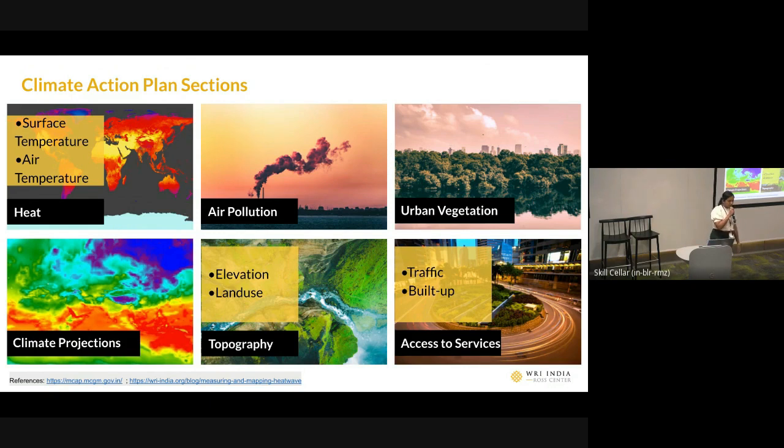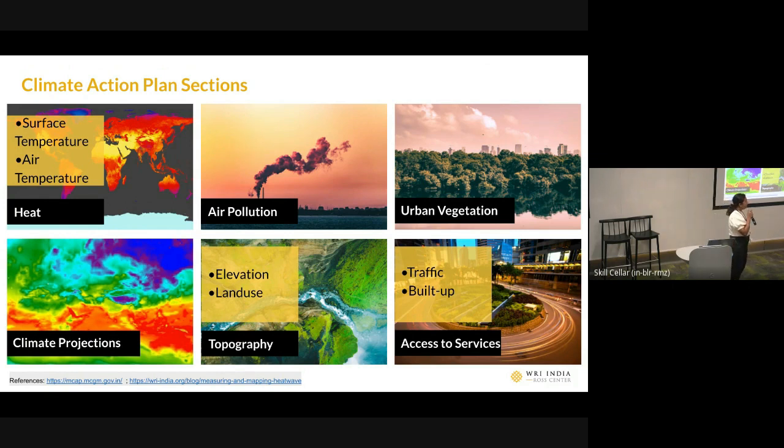First of all, heat. In heat, we are considering the surface temperature and air temperature. I'm going to come back to this heat section in a bit more detail. Then air pollution. As I mentioned, it's about how the cities respond, so government agencies play a huge role as stakeholders in this. A lot of data, particularly for air pollution, comes from Pollution Control Board data, the monitoring station data sets.